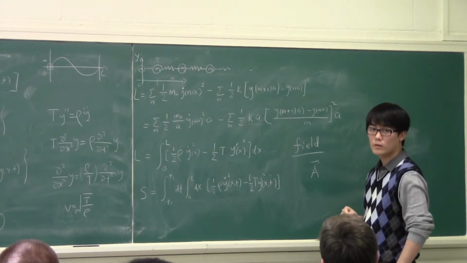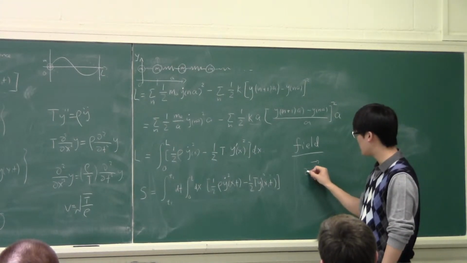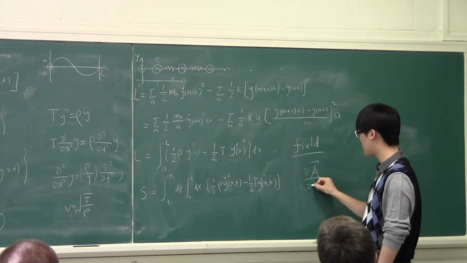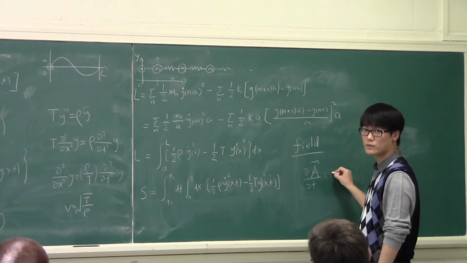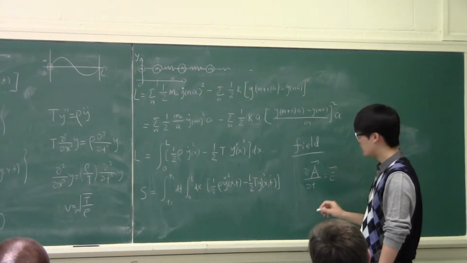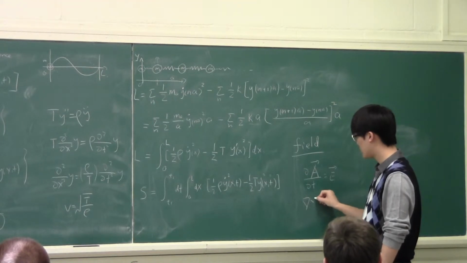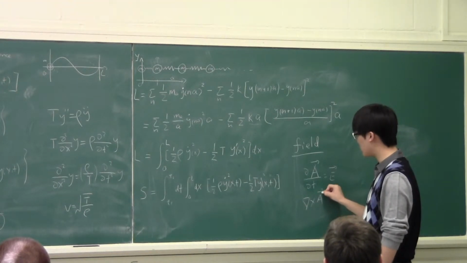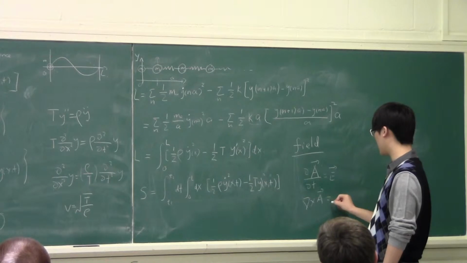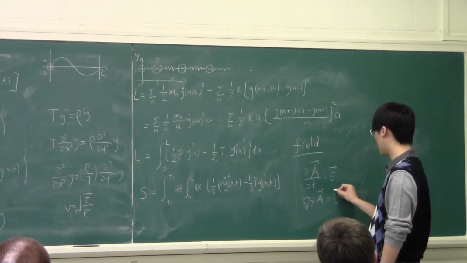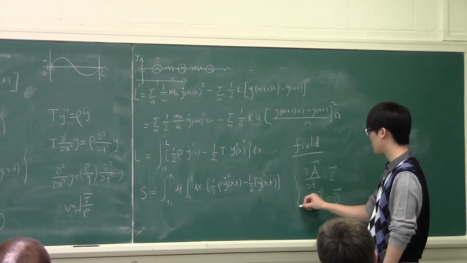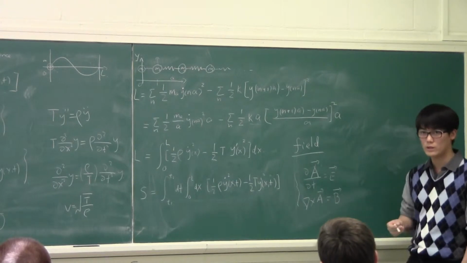We know that the time derivative of the vector potential gives you the electric field, and the curl of the vector potential gives you the magnetic field. This you should know from your E&M knowledge.